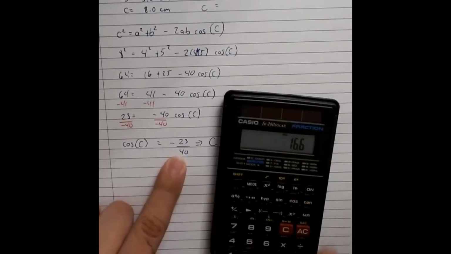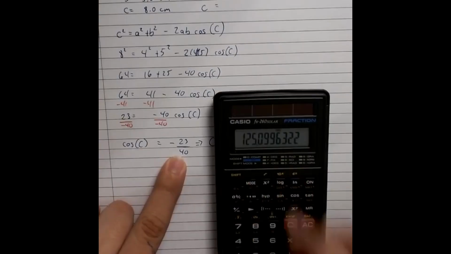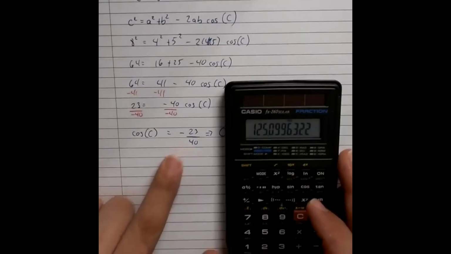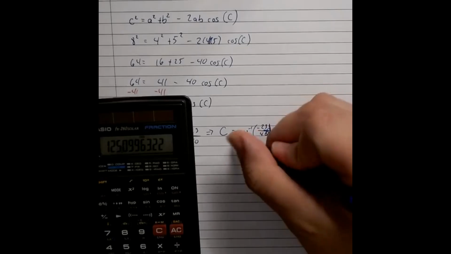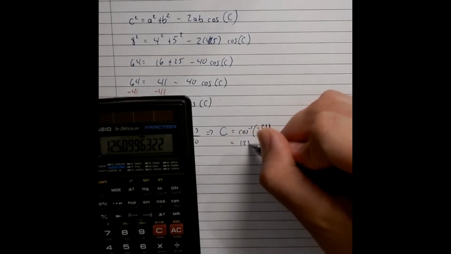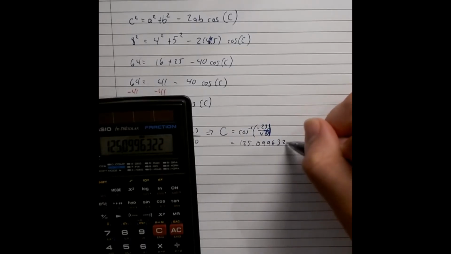let's see here. If I take negative 23 over 40, and I take the inverse cosine, that's going to give me 125.099632. So this is equal to 125.099632.